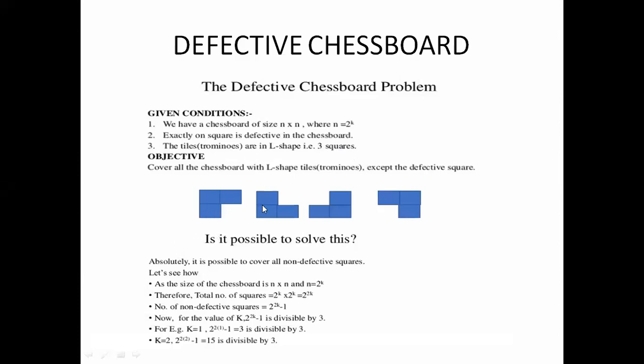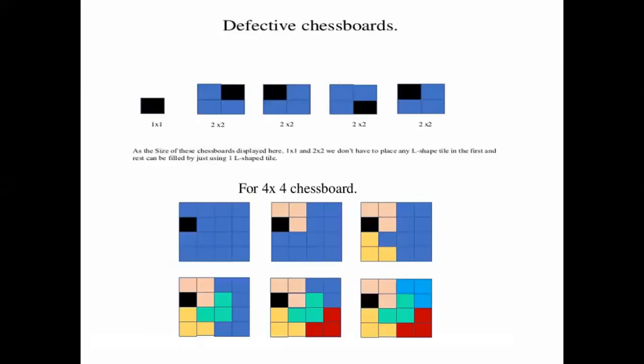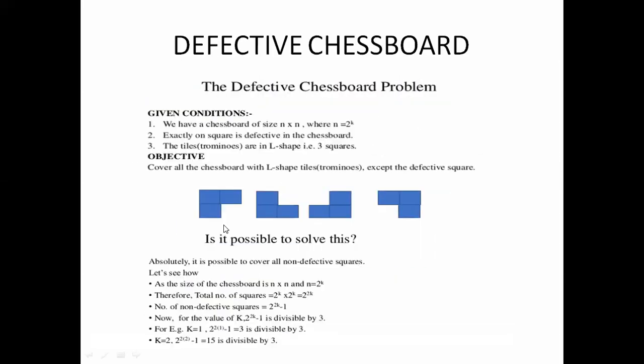So this is one L shape, this is another L shape, and this is another L shape. It is possible to cover all the non-defective squares in the chessboard using these L-shaped trominoes.